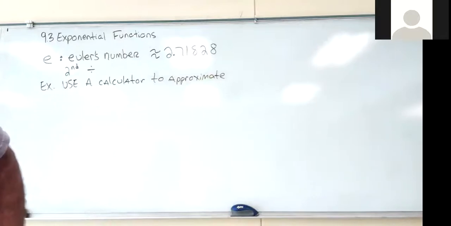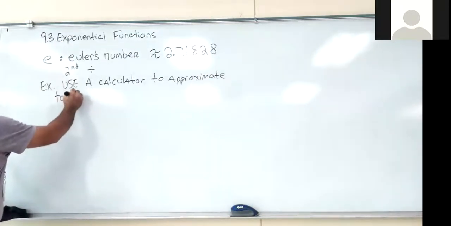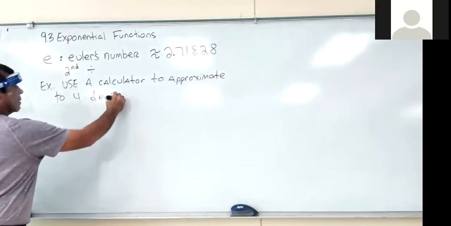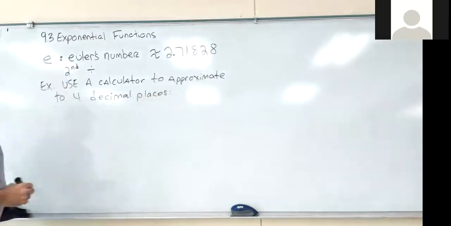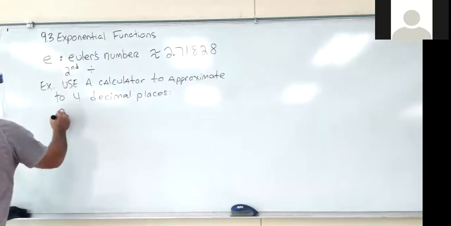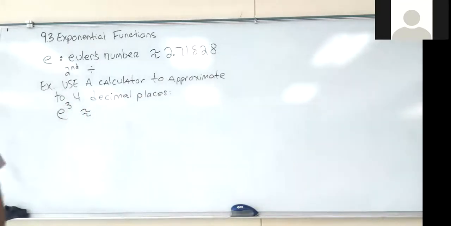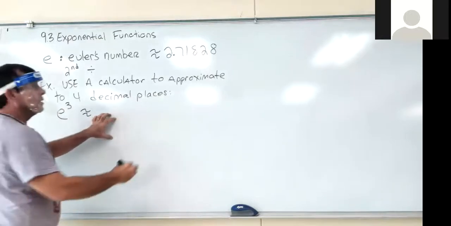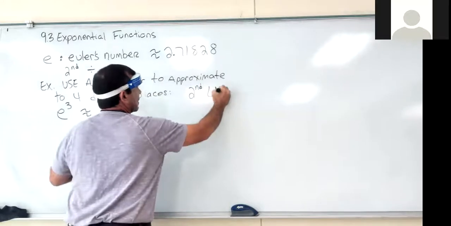Oh, and my first one is, and this is going to go to 4 decimal places. So this first one is e to the third. So when I do the e with exponents, the button I'm going to use to find these is going to be second ln.